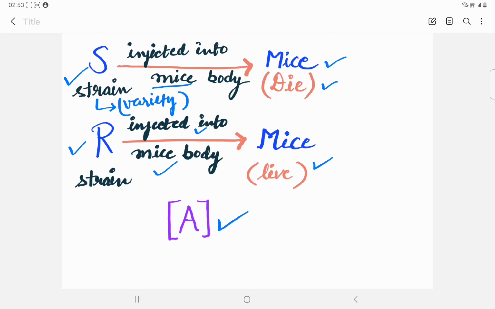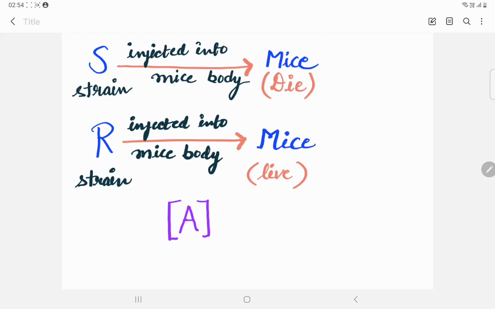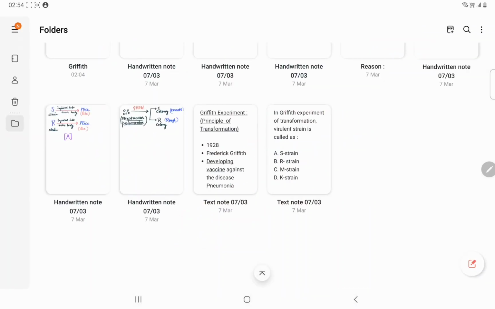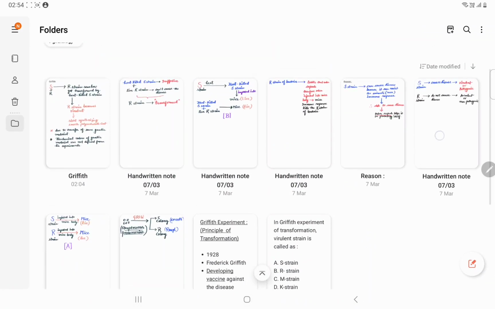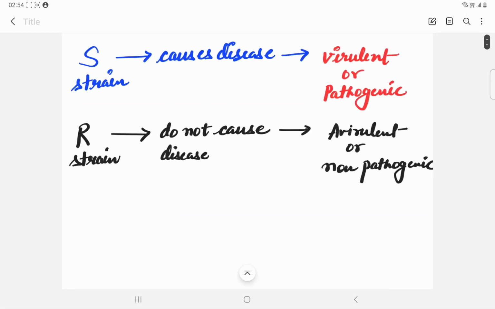Now we have to understand the reason behind these observations, why mice lived and why mice died. For this we have to go to another slide. Now S strain, what is happening here?